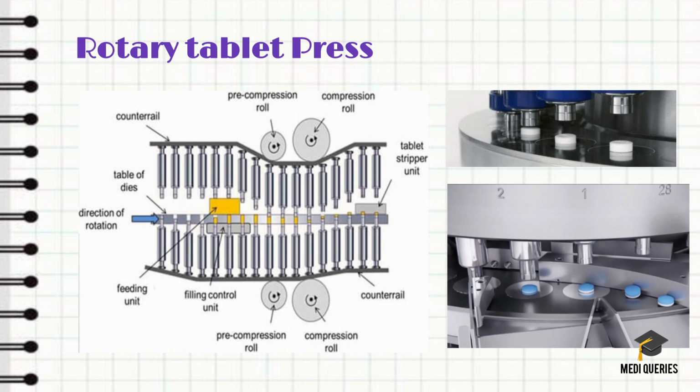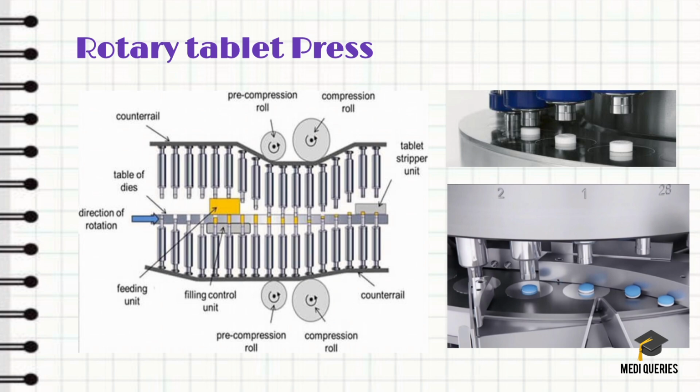They also include automation, digital controls, and real-time monitoring for quality assurance. The rotary presses are the industry standard for mass tablet production in the pharmaceuticals and the nutraceuticals.